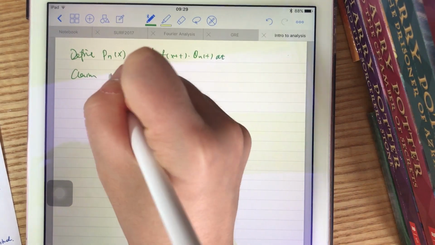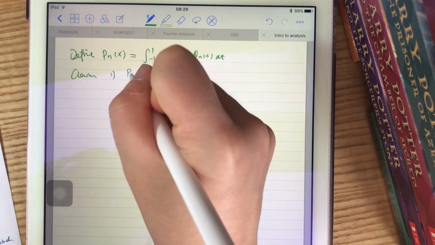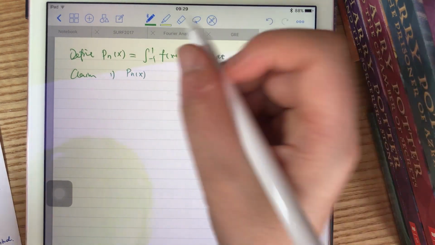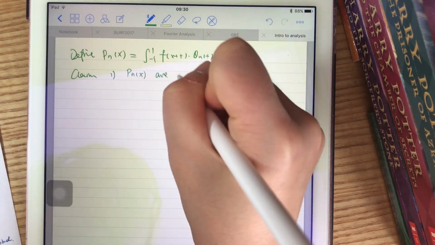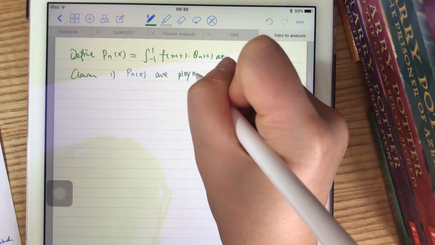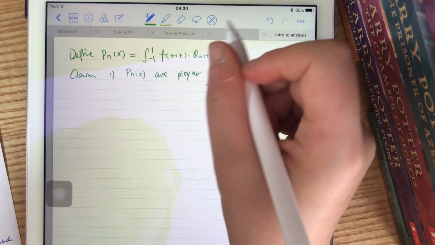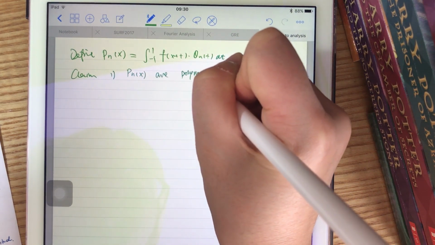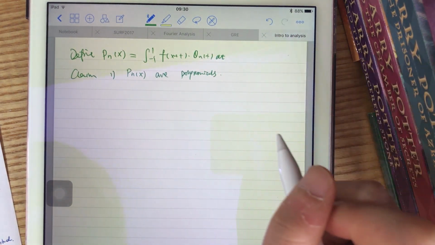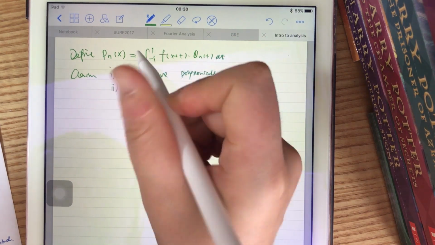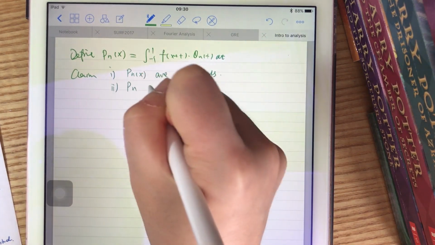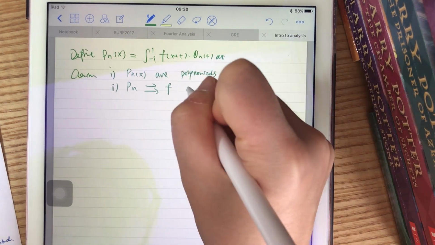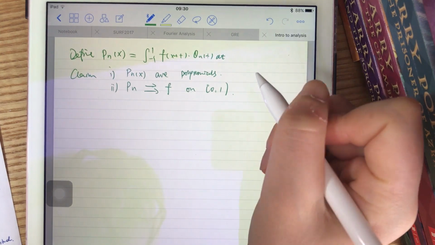Now we are claiming two things. First is that the Pn(x) we just created is a polynomial. And the second thing is that Pn actually converges uniformly to f on [0, 1], right?